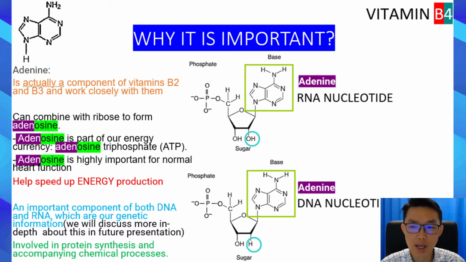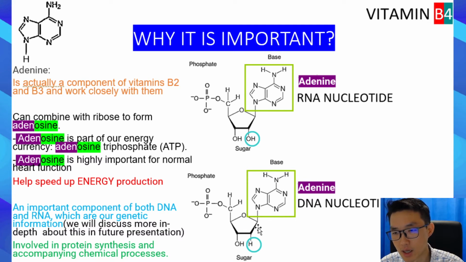The bottom figure is a DNA nucleotide, which also has an adenine molecule that contains nitrogen atoms. The difference between the RNA nucleotide and the DNA nucleotide is that DNA stands for deoxyribose, which means that the oxygen atom has been removed. So I have highlighted here that there is no oxygen atom here, and there is an oxygen atom here.